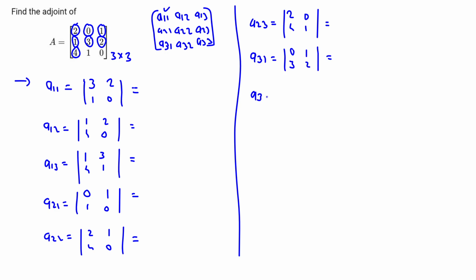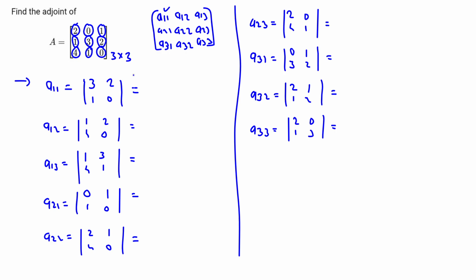Next I am finding A32. This point lies in the third row, second column. The remaining 4 points are 2, 1, 1, 2. And finally A33, the last point. The 0 lies in the third row, third column. So the remaining 4 points are 2, 1, 0, 3. In this way you can find the 2 by 2 order determinants of all cofactors.